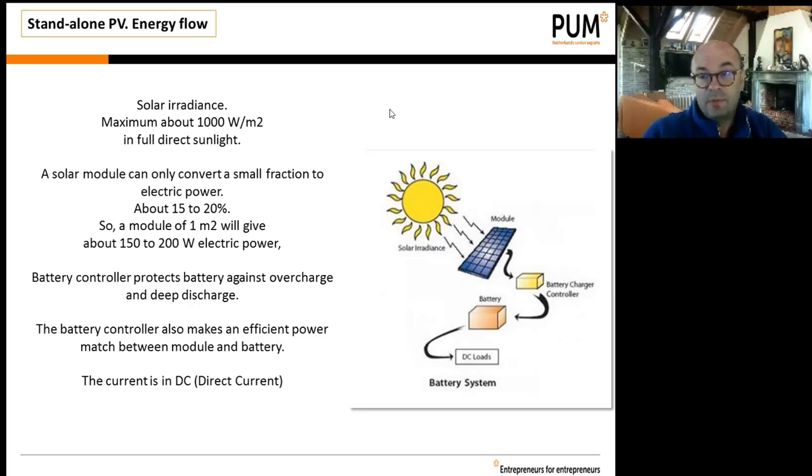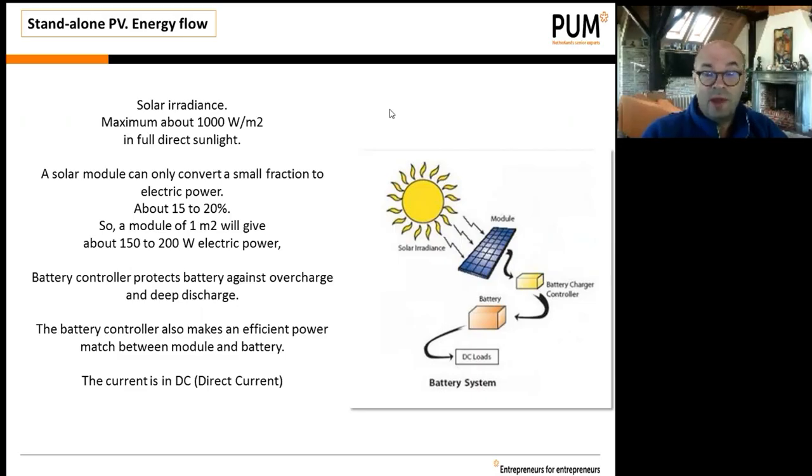So a module of 1 square meter will generate about 150 to 200 watts of electric power. It's getting better every year. My solar panels on my roof are 125 watts, and they're 20 years old. But now you have 400 or even 500 watts, not per square meter, but per solar module, sorry.